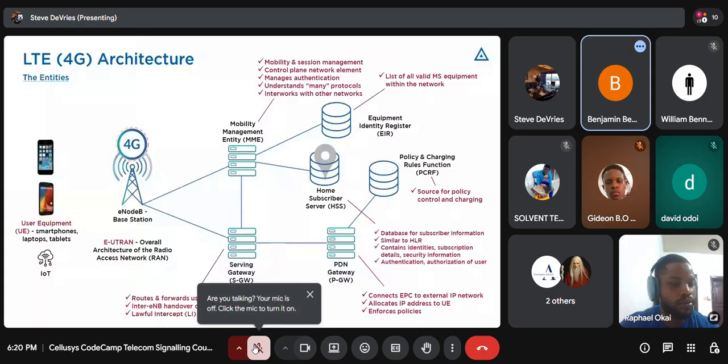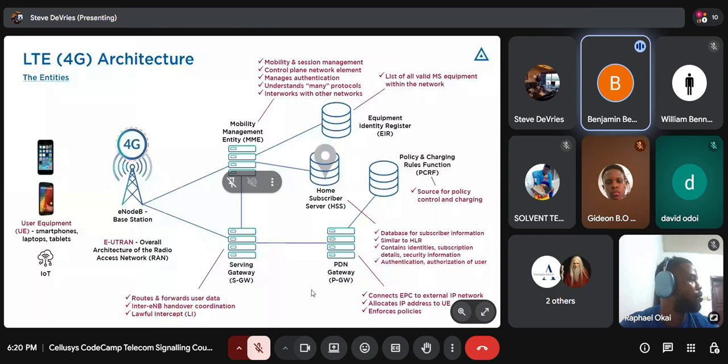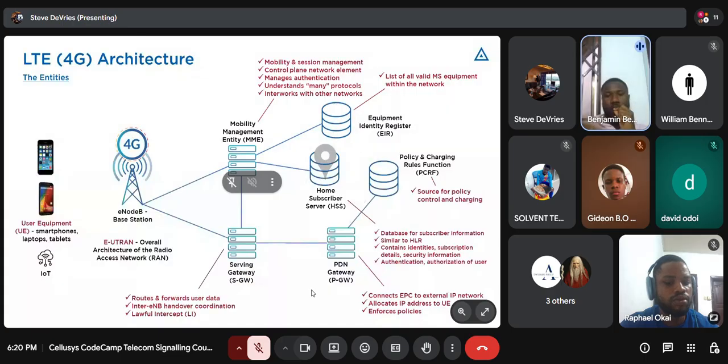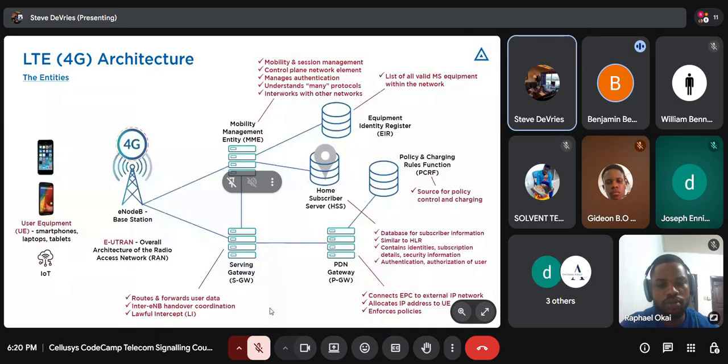Hello, Steve, can you hear me? Yeah, I can hear you, but it's just not coming in real clear. But go ahead, try that again. All right. I was asking to know if there were any similarities between the circuit switching and the packet switching, especially with the serving gateway and the external network.